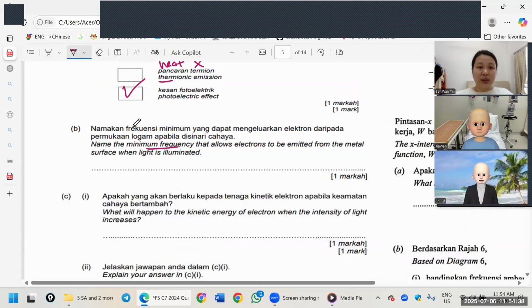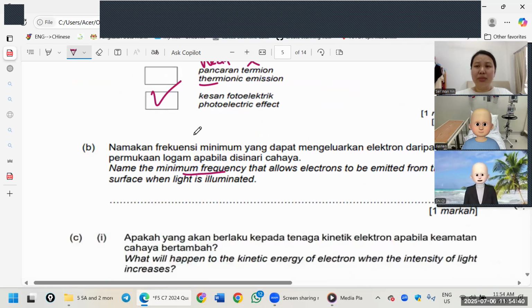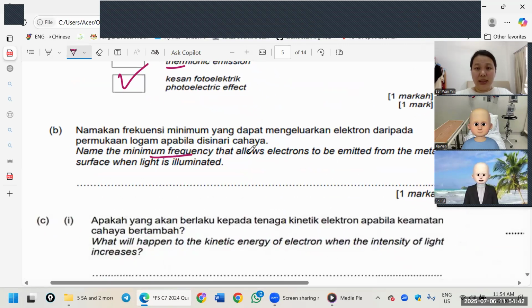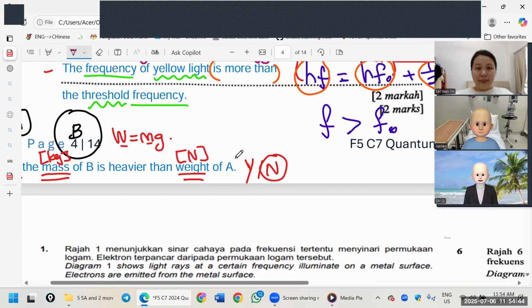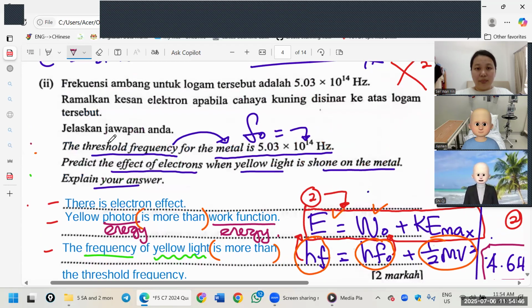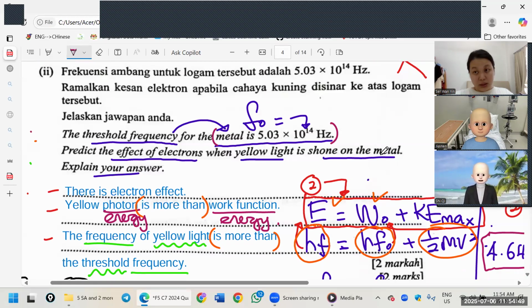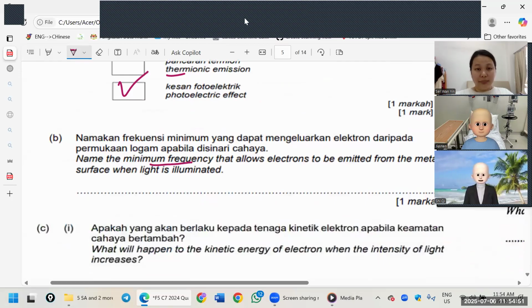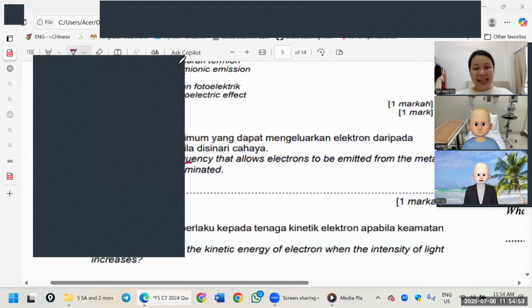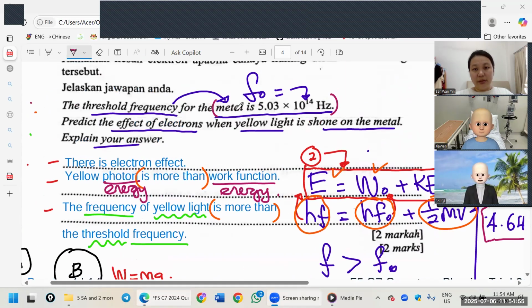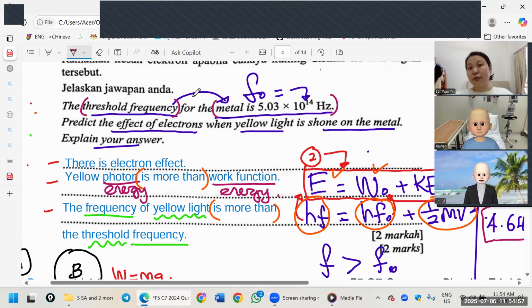Anyone can tell minimum frequency? Yeah, so actually minimum frequency is the threshold frequency. Pronounce with me. Threshold frequency.